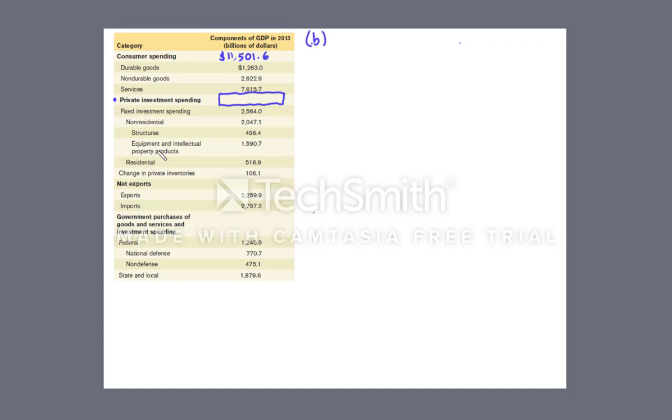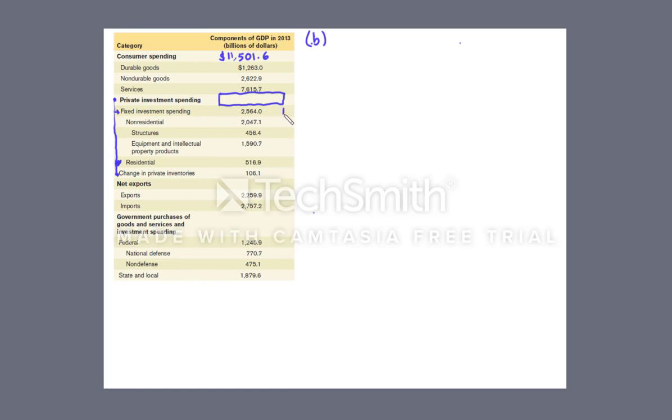So for instance, private investment spending is made up of fixed investment spending and the other component that's directly in line with it, which is, oh, I'm sorry, this should be change in private inventories, not residential. So the addition of fixed investment spending and change in private inventories should give you private investment spending.